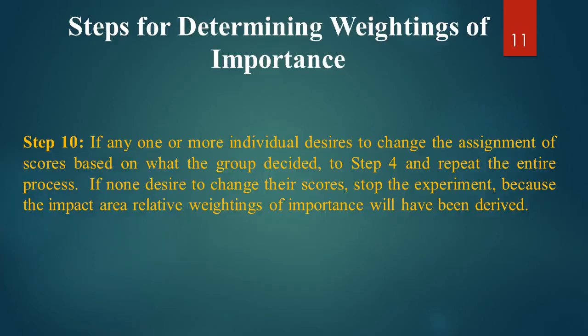In the last and 10th step, if one or more individuals desire to change the assignment of scores based on what the group decided, go to the 4th step and repeat the entire process. If none desire to change their scores, stop the experiment because the impact area relative weightings of importance will have been derived.